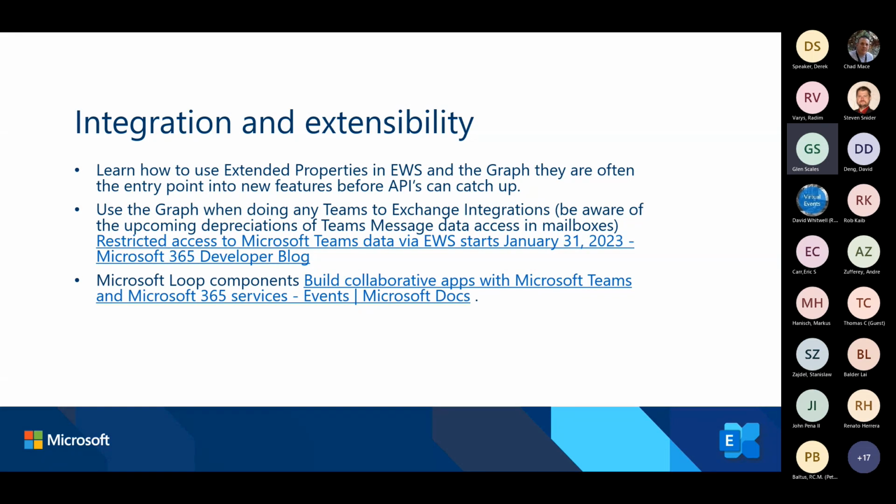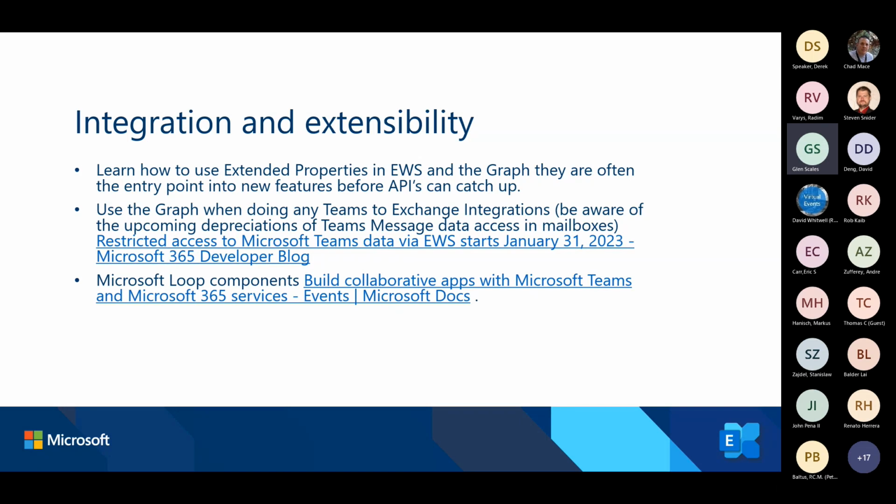So just going into the future, integration and extensibility. Learn how to use extended properties in EWS. This is more aimed towards newer people that are developing on Exchange. An Exchange item is represented in the Exchange store as a bunch of MAPI properties. You could think of it as a JSON document. Those MAPI properties are then represented in the APIs like EWS and Graph as strongly typed properties.